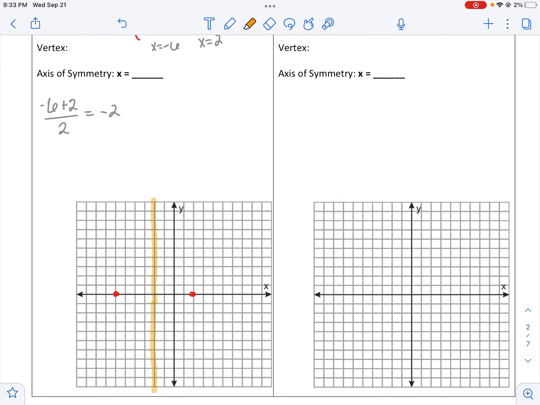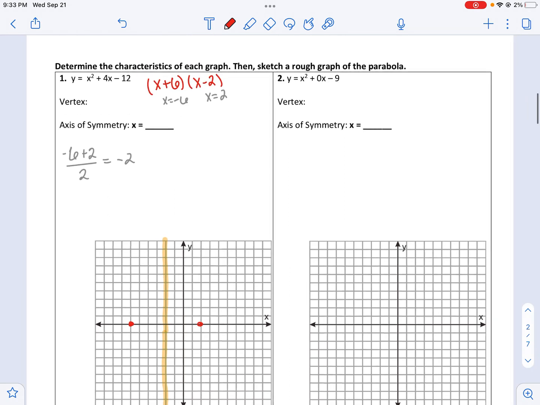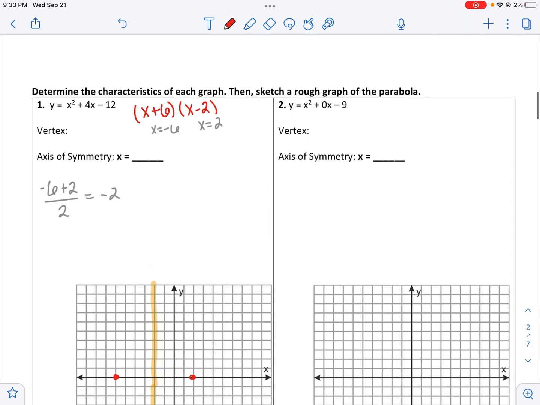So this negative 2 looks like it's right in the middle of my two x-intercepts. And to find the other half of the vertex, I need to take that negative 2 and substitute that back into my factored form of the original equation.